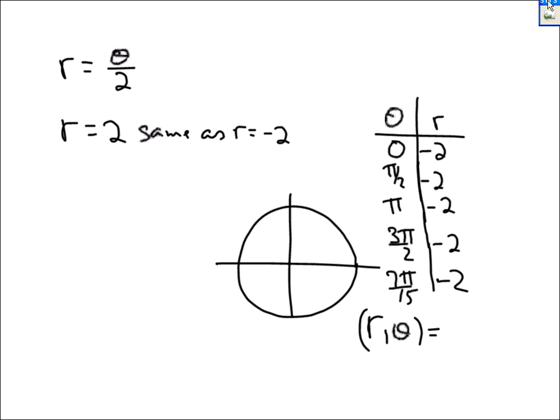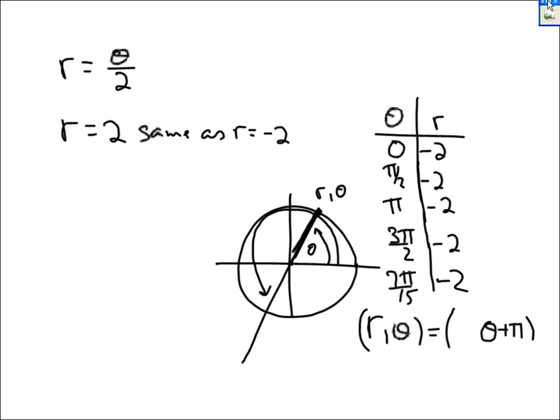So you have this point right here, r comma theta. That is, this distance is r, and the angle is theta. Well, let's consider this angle. Wouldn't that angle be theta plus pi?